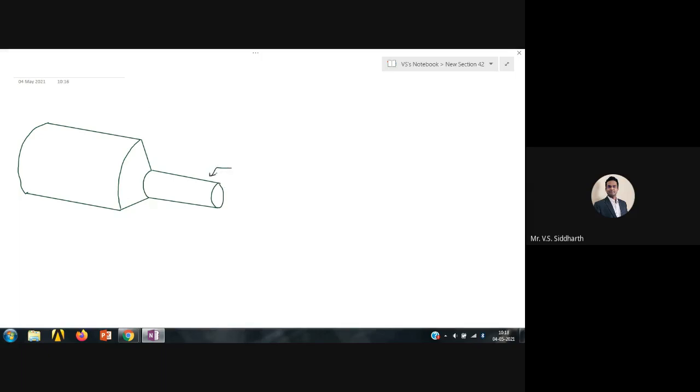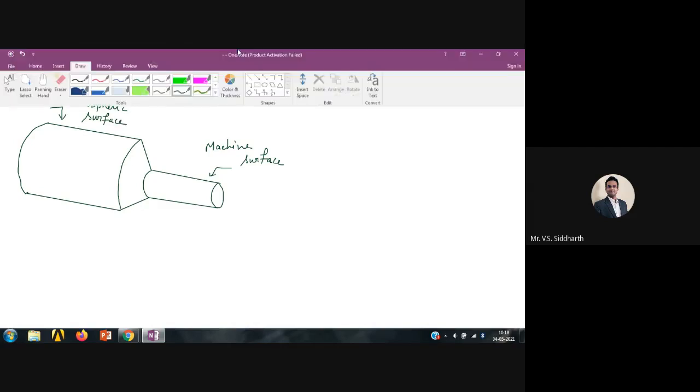So this is what surface? Machine surface. This is what surface? Atmospheric surface. Now I will draw the tool.